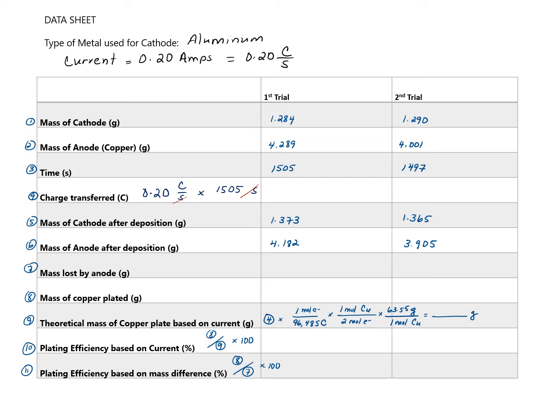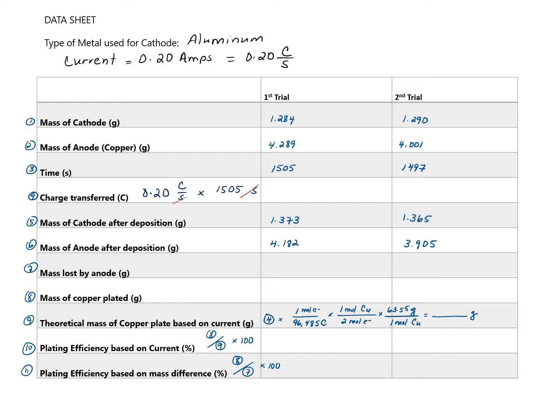In the experiment, what is happening is that your ions of copper are being reduced to copper solid. That copper as a solid is going to cover the aluminum. Okay? So you're creating this layer of copper solid on top of the aluminum. The initial mass of your copper, the solid that you have initially there, has to decrease because it's being used up, right?